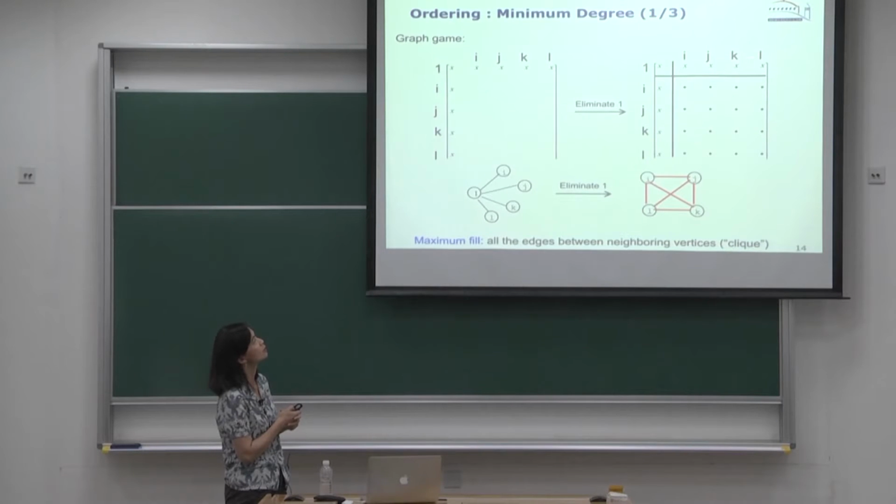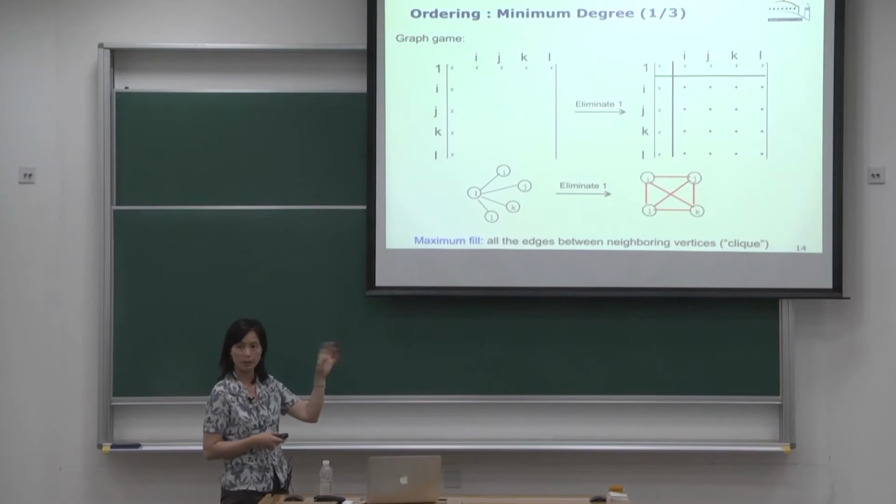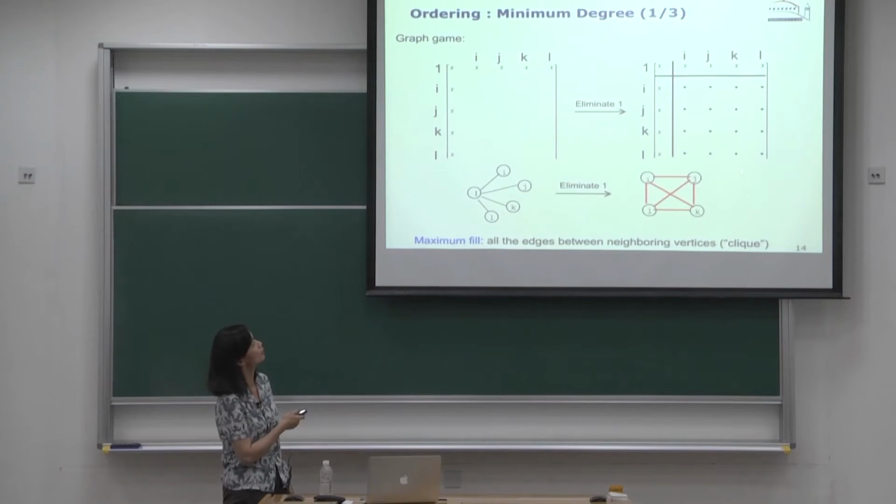After elimination of this vertex, you will get all fill. So it becomes fully connected from the graph point of view. So this says there is a very simple elimination rule: once you pick a vertex to eliminate and remove this vertex, all its neighbors will be fully connected. In CS terms, this is called a clique.